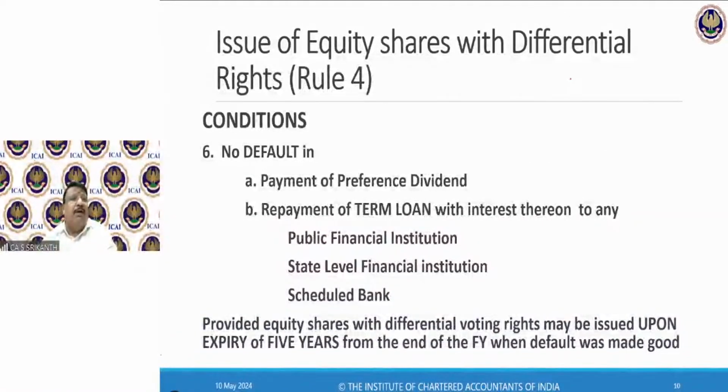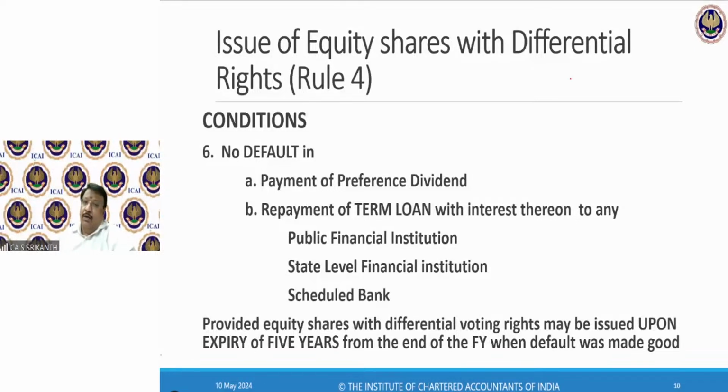But in case there is a default in payment of preference dividend, even if you pay it, you cannot issue DVR shares for 5 years. Similarly, if there is a default in repayment of term loan, you make good that default and pay the term loan in full to the PFI, state level financial institution or scheduled bank; even then, you cannot issue DVR shares for 5 years, only after the expiry of 5 years from the end of the financial year when the default was made good.